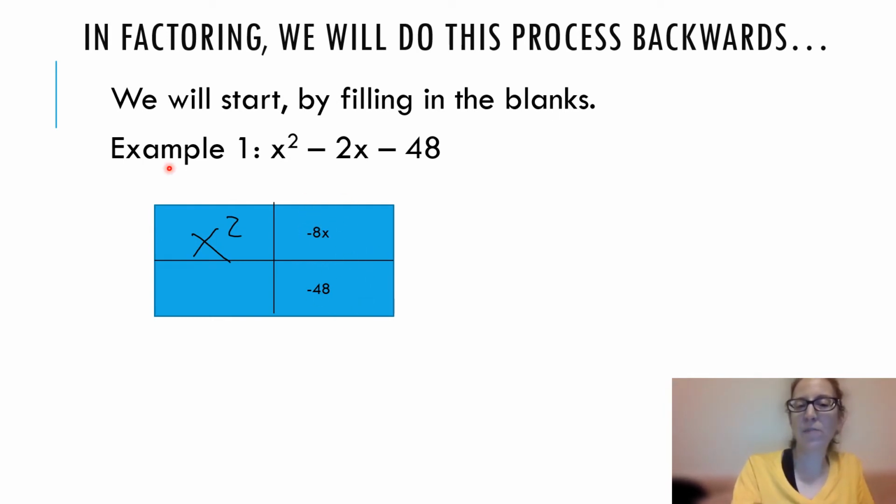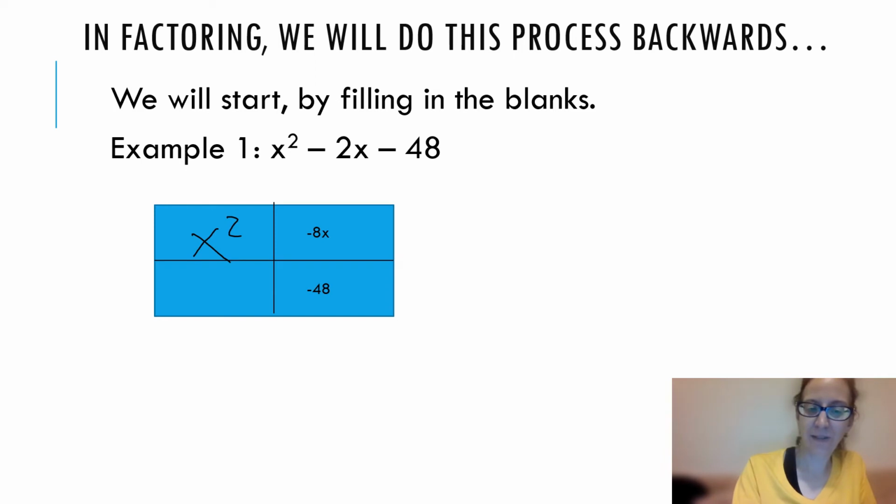That's a little bit of a mystery, but we know that the area of the entire rectangle is x squared minus 2x minus 48. We got the x squared. We have the minus 48. We need a minus 2, but we have a minus 8.